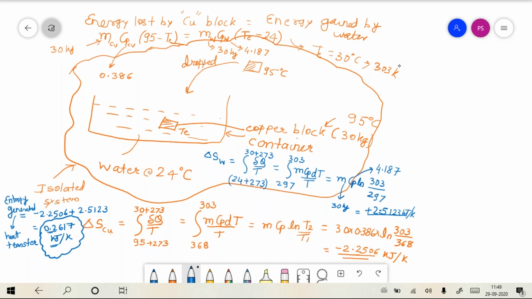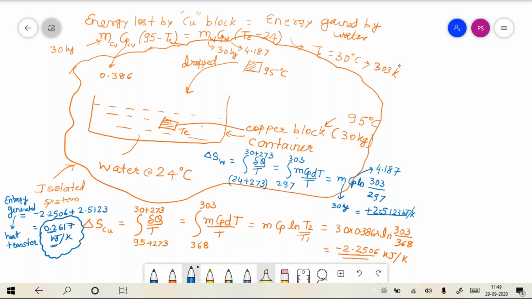Both these problems which I am solving are university problems, so you might find this problem in some textbook also.